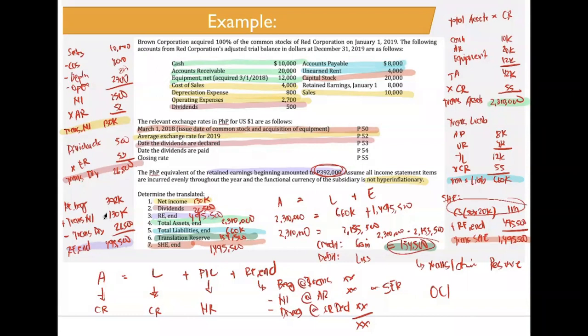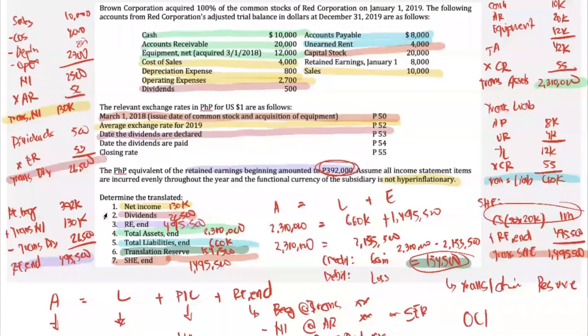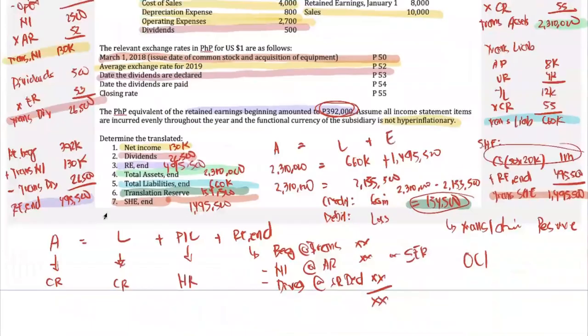The difference is that in the temporal method, we classify the item as monetary or non-monetary. If monetary, closing rate. Non-monetary, historical rate. That's what you need to know for non-hyperinflationary.